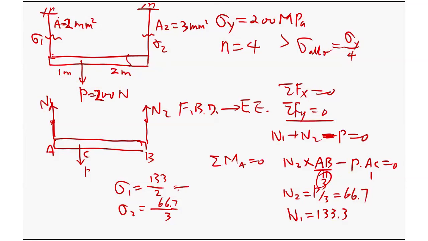So what's this one? 133 divided by 2. What's the number? 66.7, right? Okay, now I found sigma 1 equals this much.